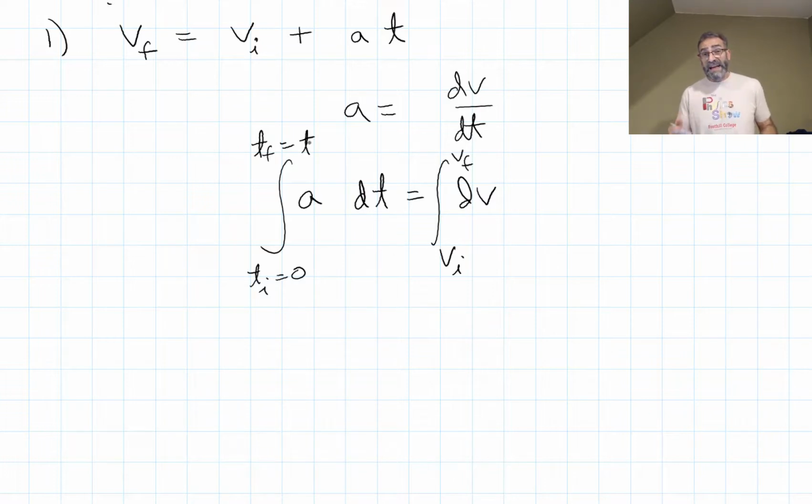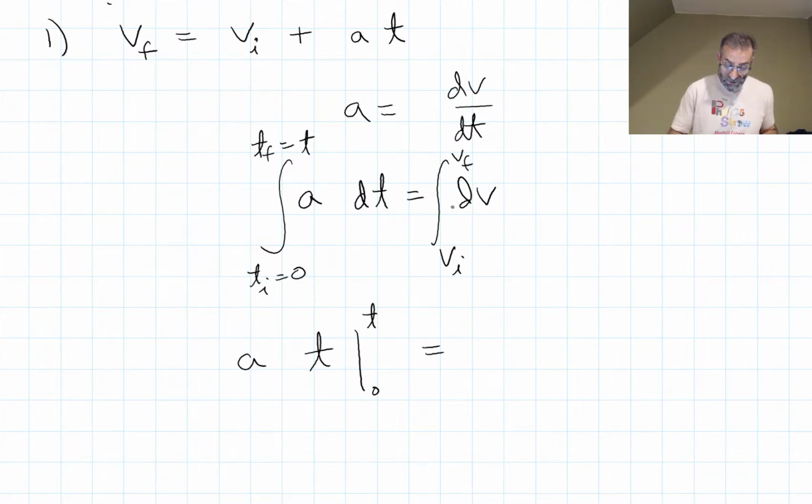If we assume that a is constant, it comes out of the integral. The integral of dt is t, and we're evaluating from 0 to t final, which we're just calling t. On the right side, the integral of dv is v, our velocity, and we're integrating from v initial to v final.